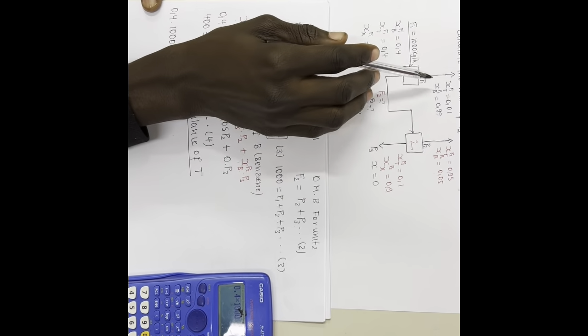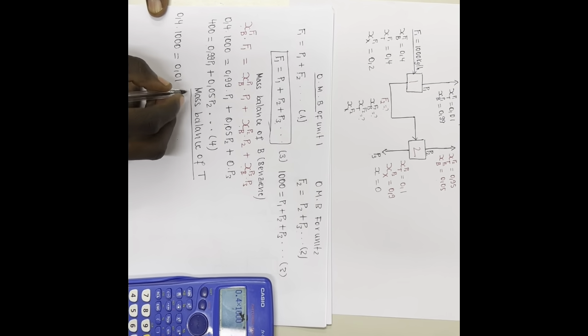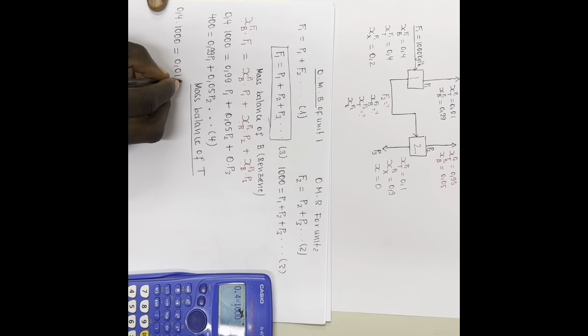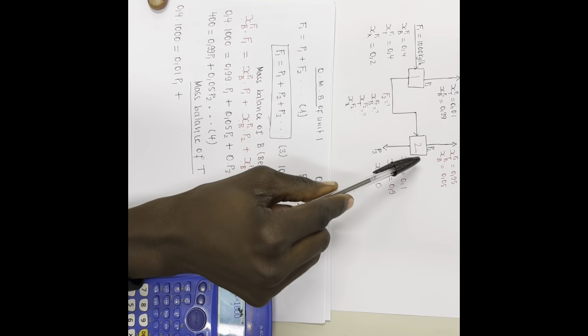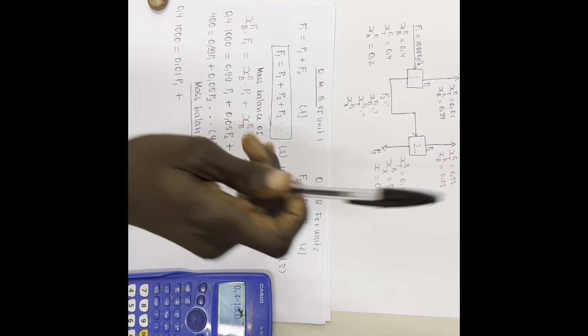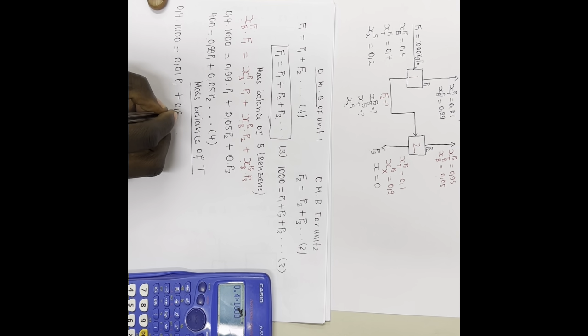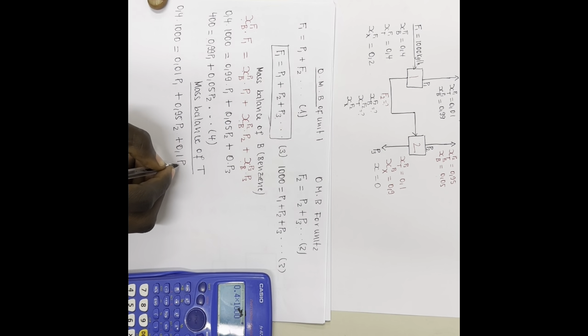Equal to, we check here, do we have toluene? Yes, 0.01, and then times P1, plus we need something again. So we check here, is P2. In P2 do we have toluene? Yes, it is 0.95 P2. Here do we have toluene? Yes, it is 0.13.